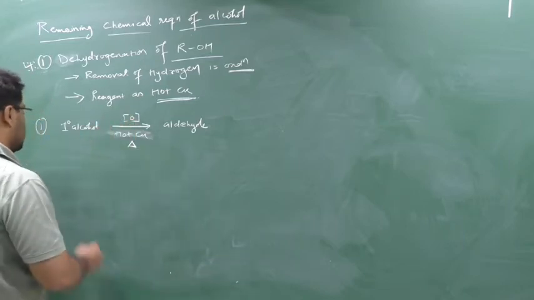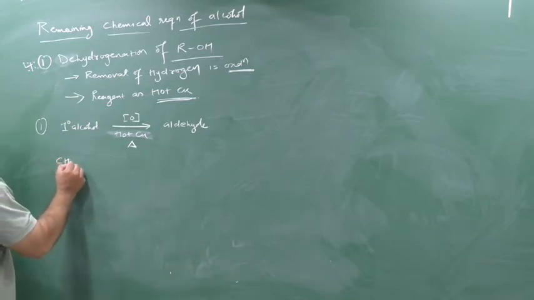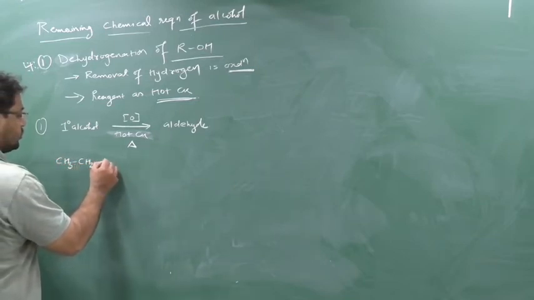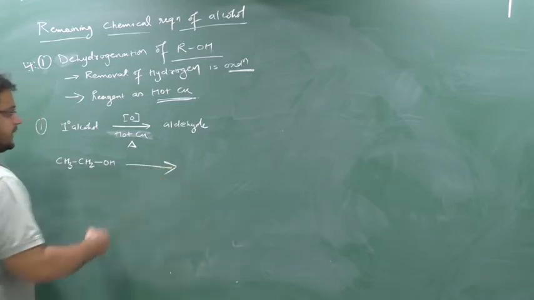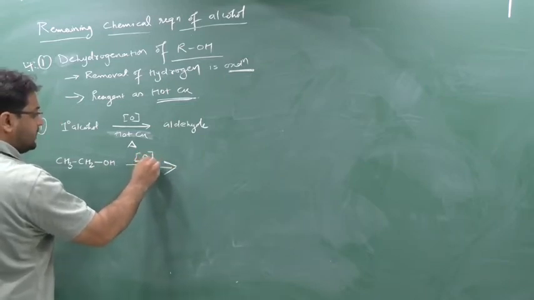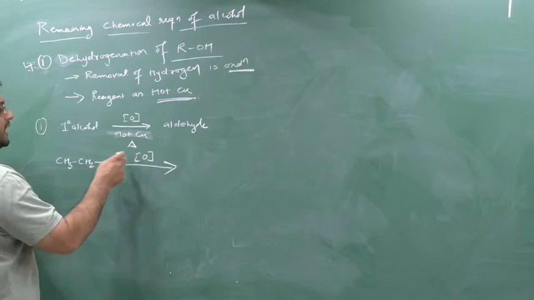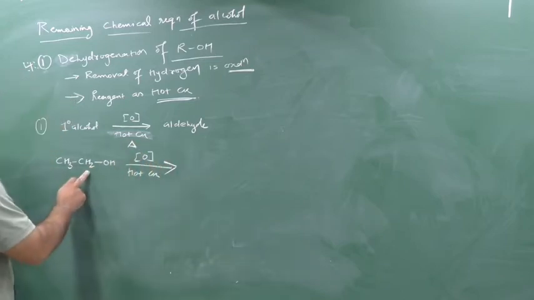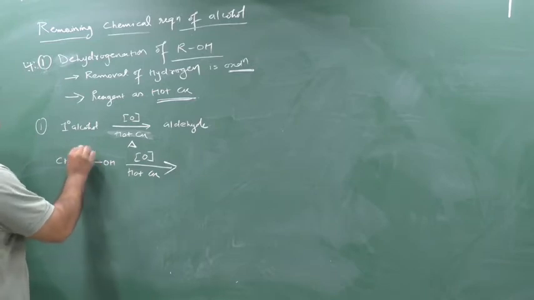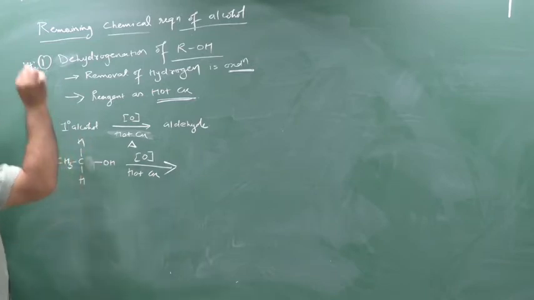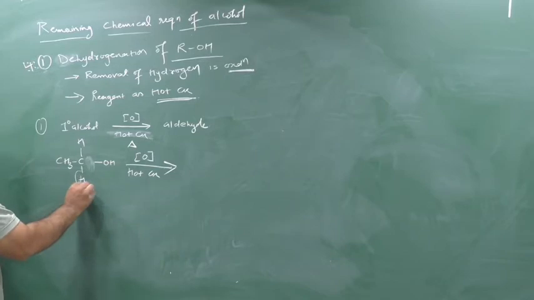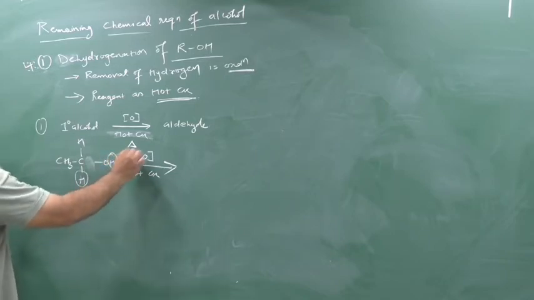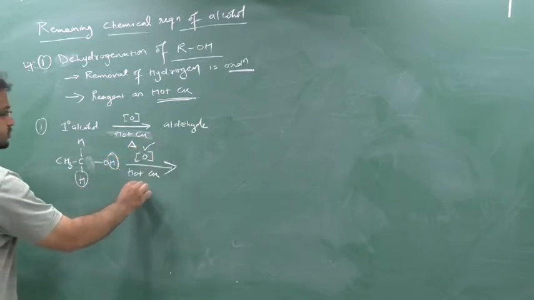So see here, CH3CH2OH. There is oxidation, or I can write dehydrogenation also, and you can write hot copper here. Now this H and this H and this O will form H2O.